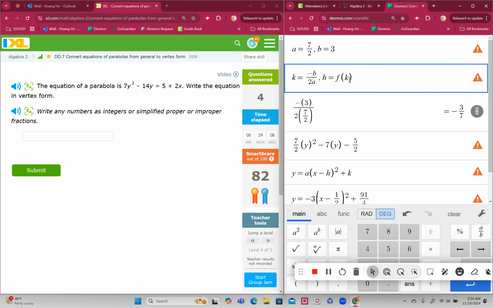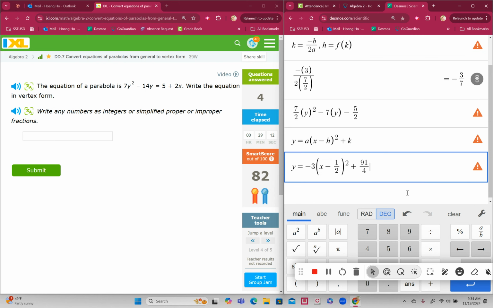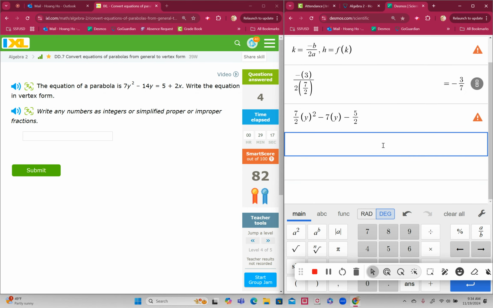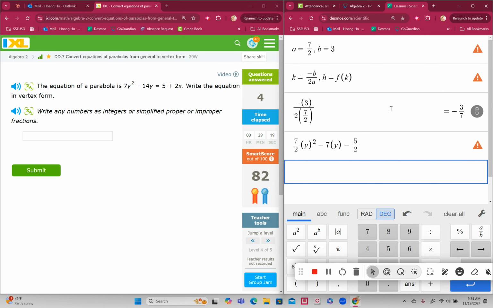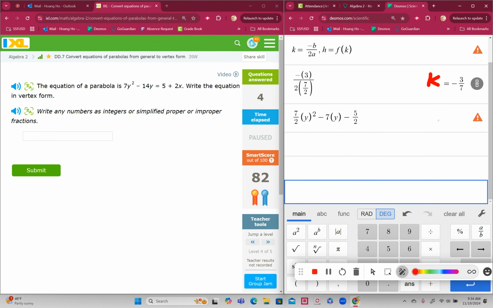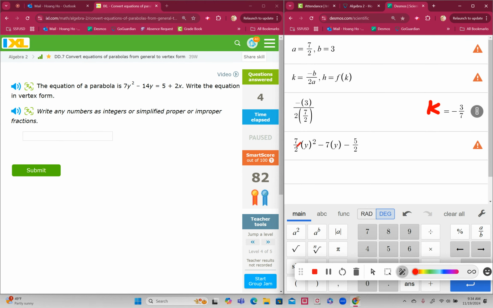Let me go to the bottom of the calculator here. I delete this part because it is from the previous problem. Now I got this, so this is the k. I substitute it into my equation to find my h.